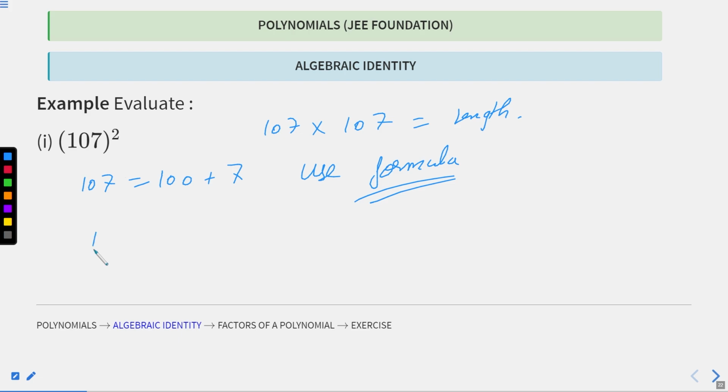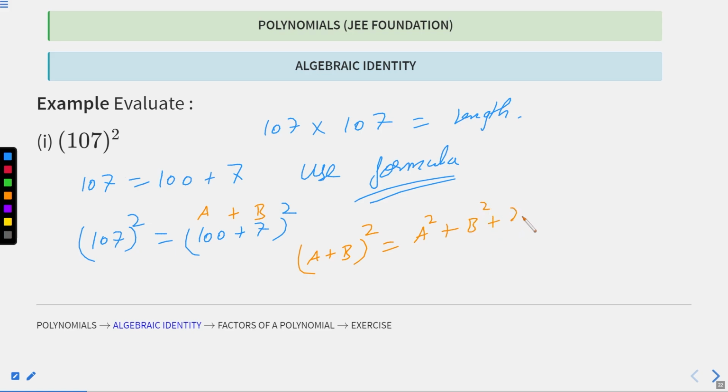So 107 whole square is equal to 100 plus 7 whole square. This means this 100 is my A, 7 is my B, and the identity I will be using is A plus B whole square, which is A square plus B square plus 2AB.